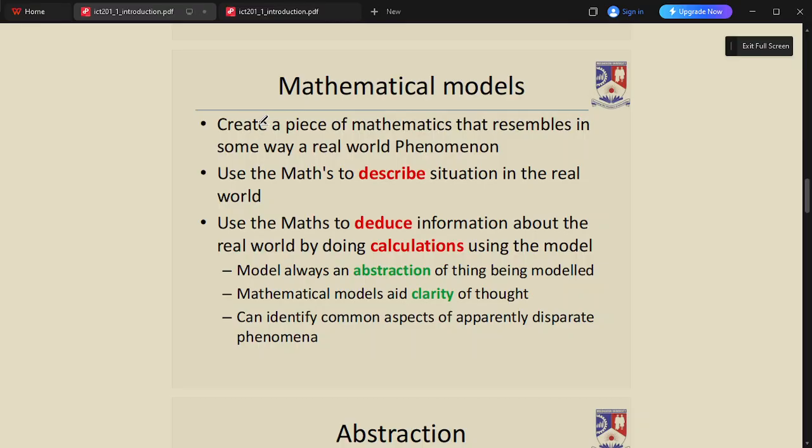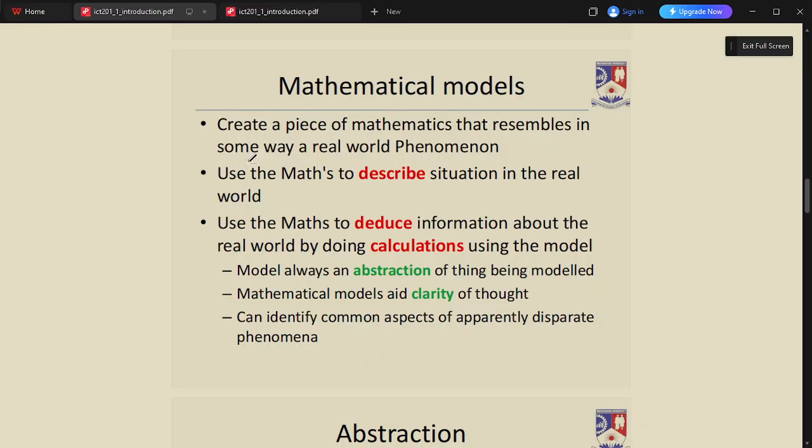These mathematical models help us understand, predict, and analyze a phenomenon by abstracting key features, like resemblance to reality, the descriptiveness of a phenomenon, the predictiveness, abstraction, universality, or the clarity of thought.